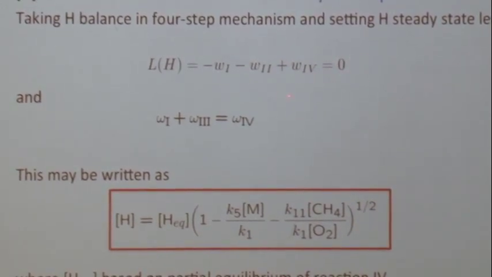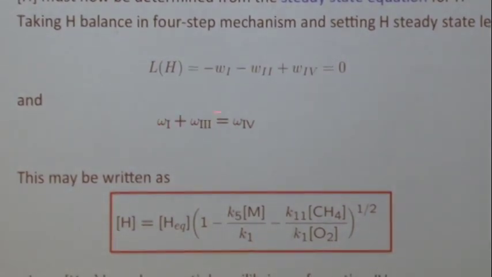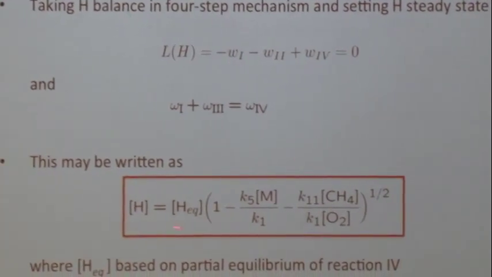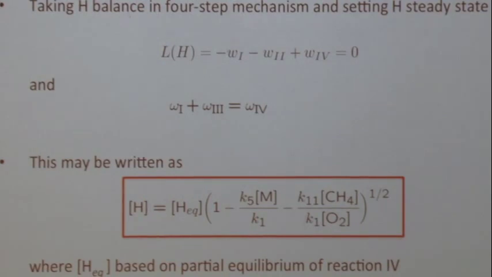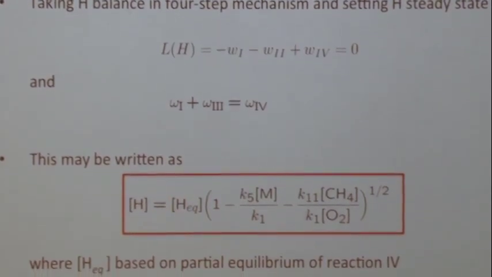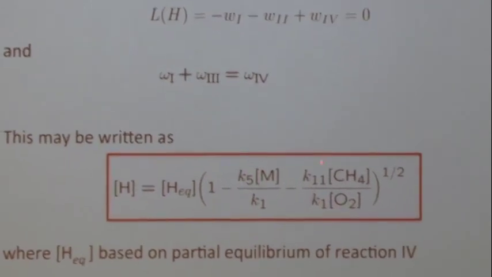If this is 0, then you can equate these, and from this you get this relation. If I plug in all the reaction rates, I can solve this for the H radical. That's my steady state relation. So H is equal to some value here, some constant called H equilibrium, times 1 minus this.